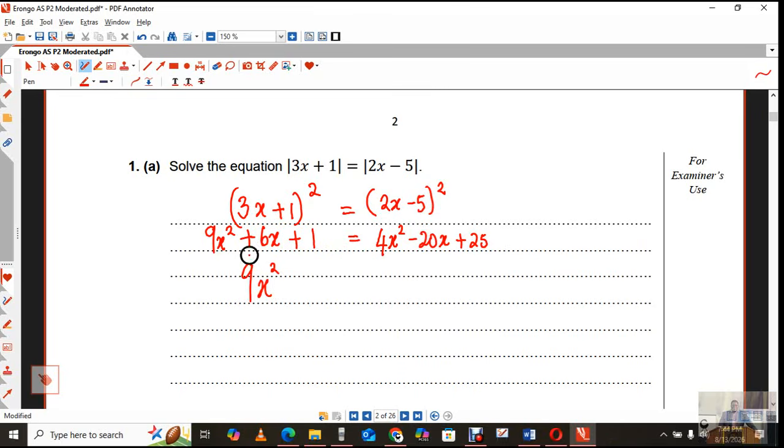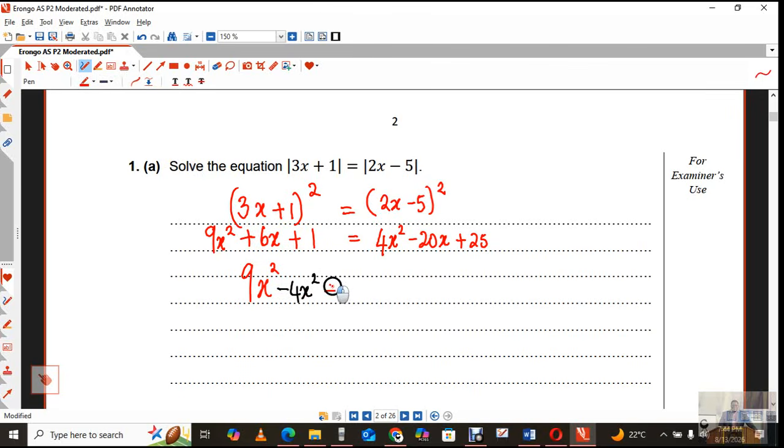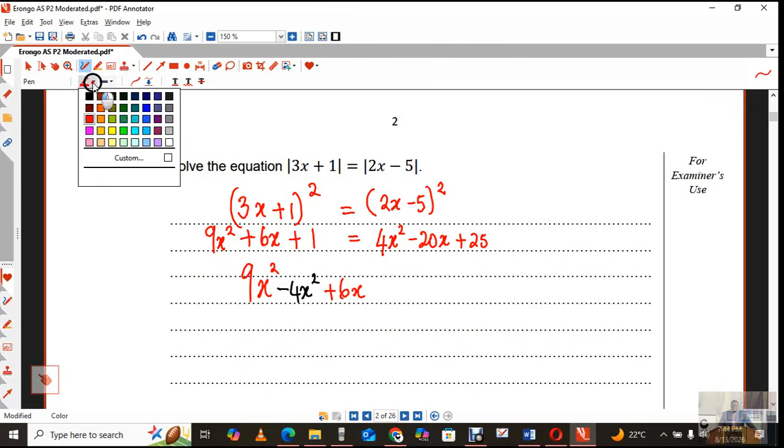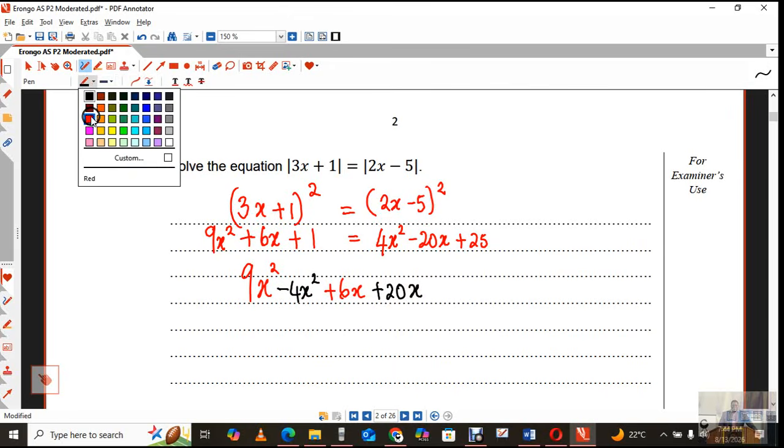So 9x squared, you subtract the 4x squared, and then you have that 6x, and you bring its cousin. That means you are adding the 20x when you do that on both sides.